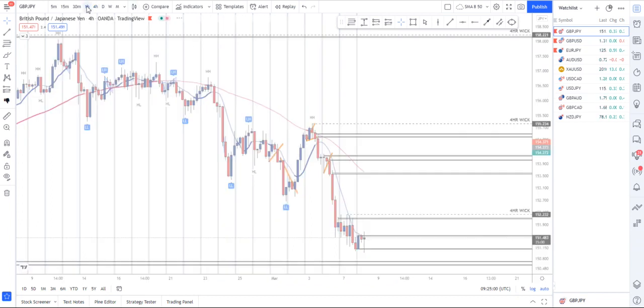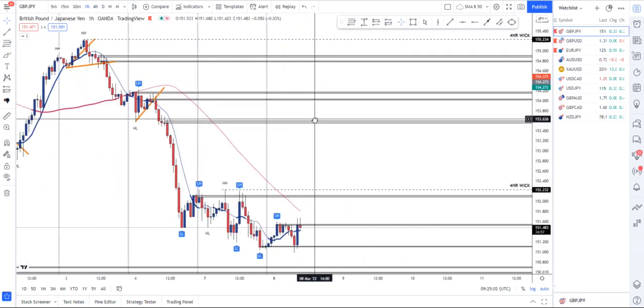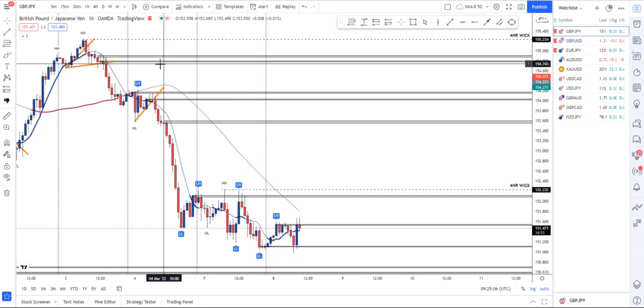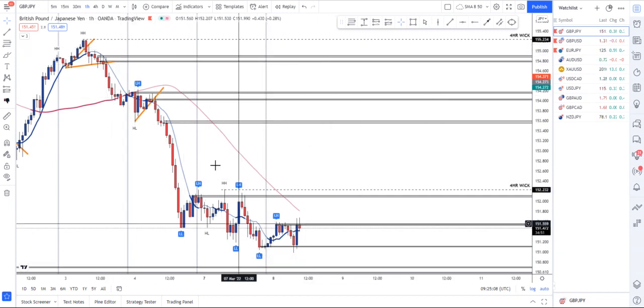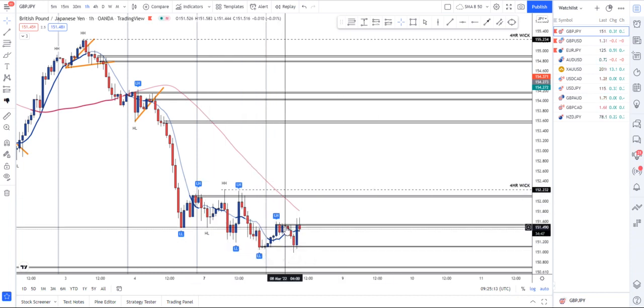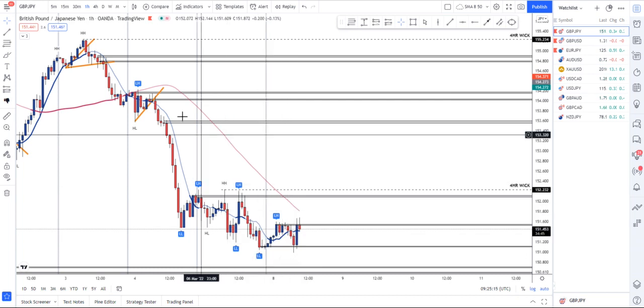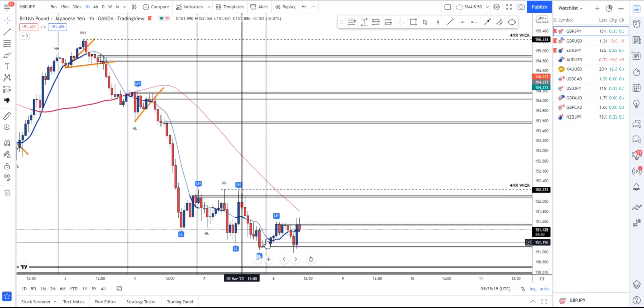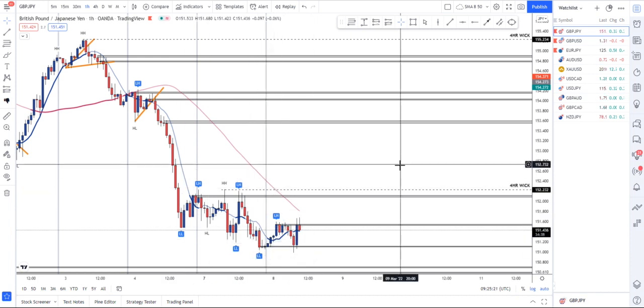So once I drop into the 1 hour chart, I'm looking at marking the support and resistance levels. Even though I've got some up here which I could delete because price is all the way down here, I'm marking the most recent low and most recent high. I'll talk more about the indicators later in this video or in the next video.